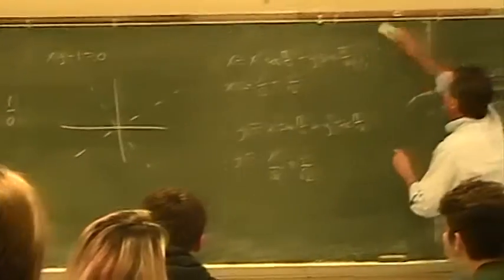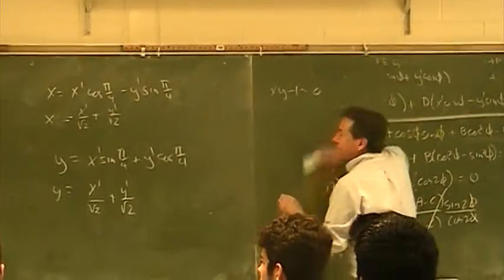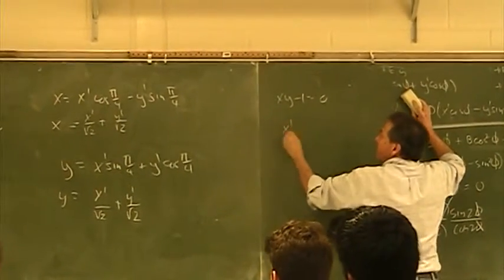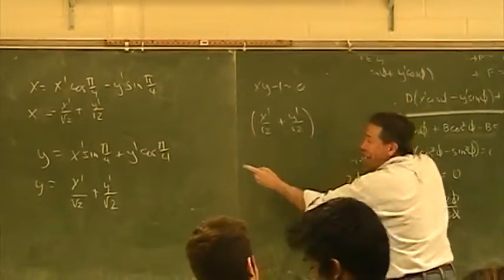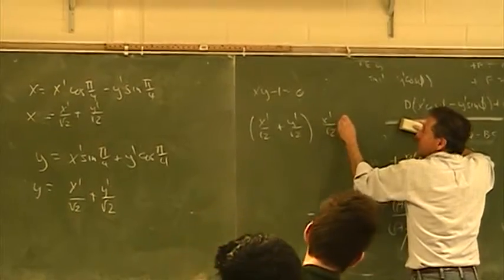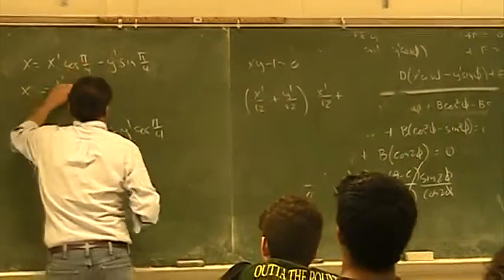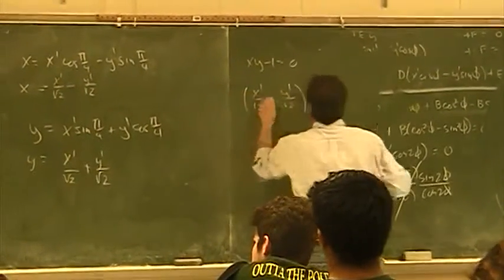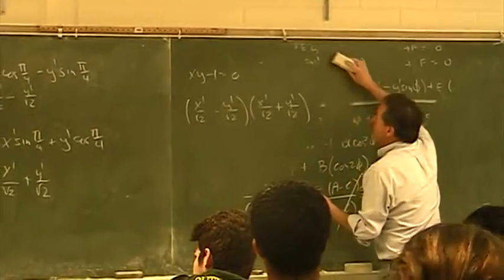So I'm putting into xy minus 1 equals 0: x prime over root 2 minus y prime over root 2, times x prime over root 2 plus y prime over root 2, minus 1 equals 0.